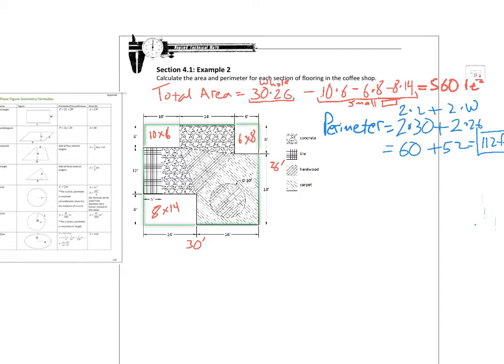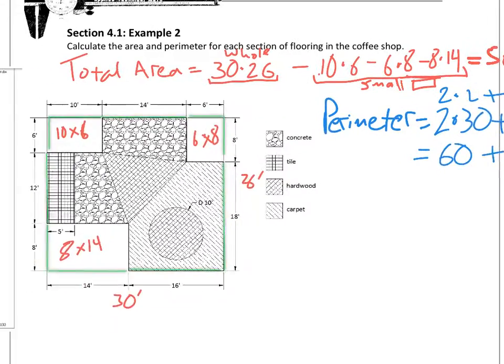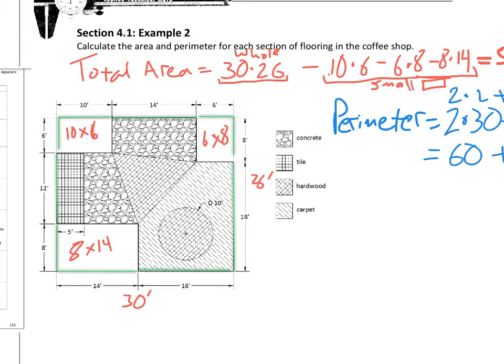All right, let's look at some different shapes here. Let's start with the tile. We're going to find the different areas. The tile here is this area right here. It's a rectangle, and there's only one area of tile. I'm guessing that's where the serving area is, maybe.